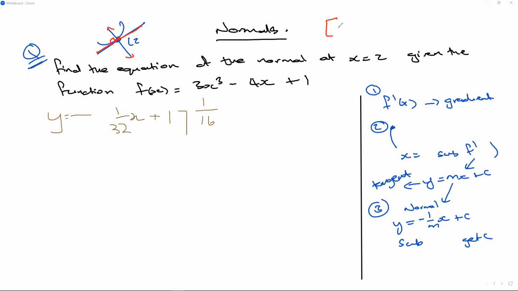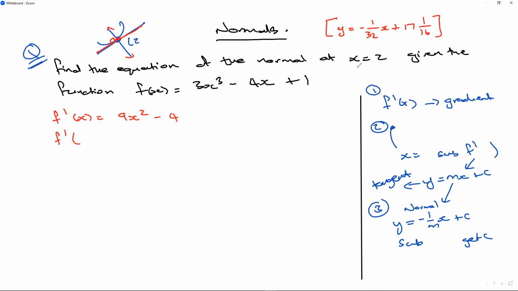All right, suggested solution, y equals negative 1 over 32 x plus 17 and 1 over 16. All right, deriving it, we had 9x squared minus 4.